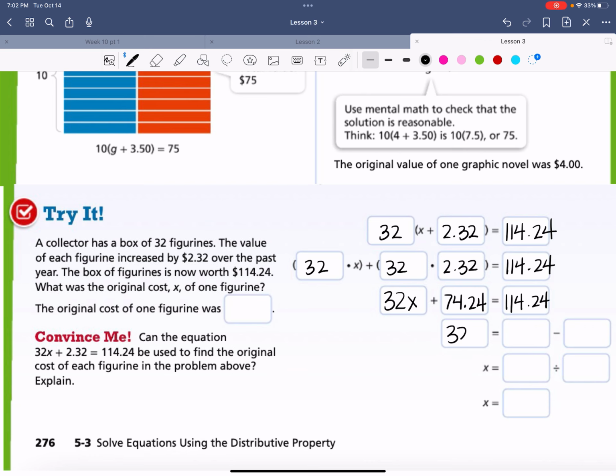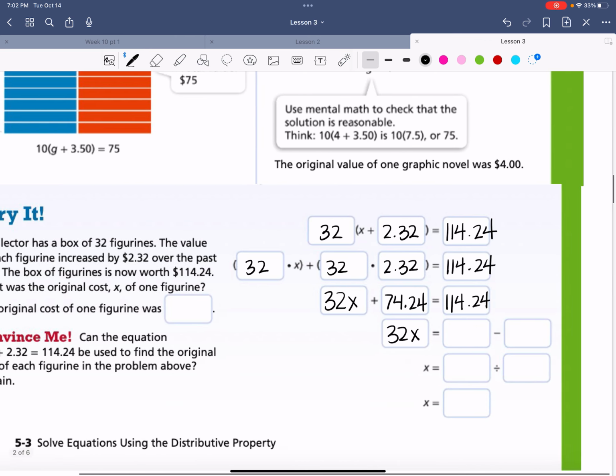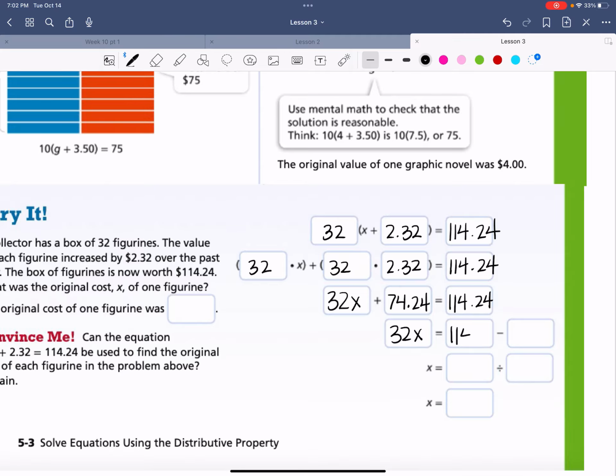So I still have 32X on this side. 114.24 minus 74.24, when I subtract 74.24 from 114.24, I'm left with the even 40.